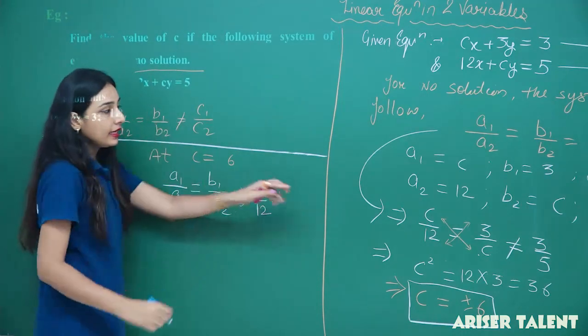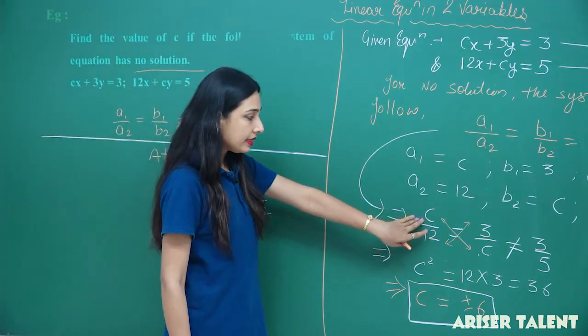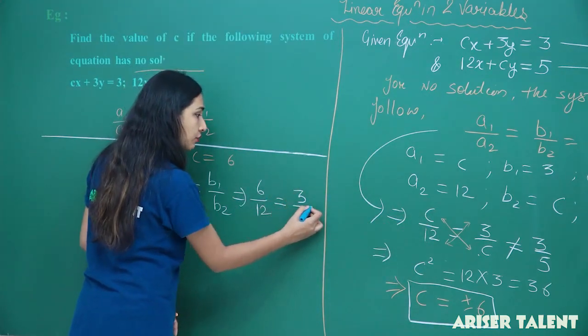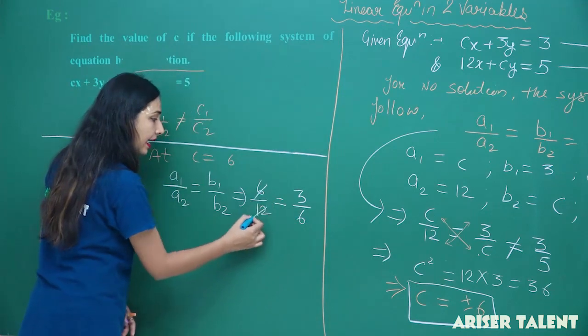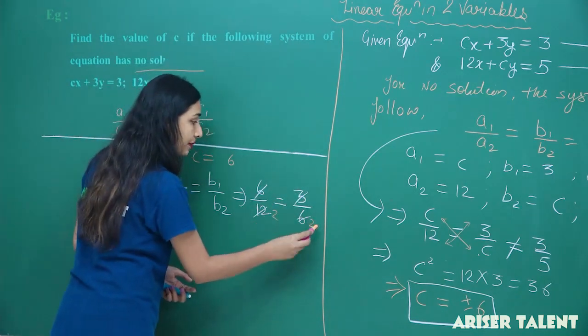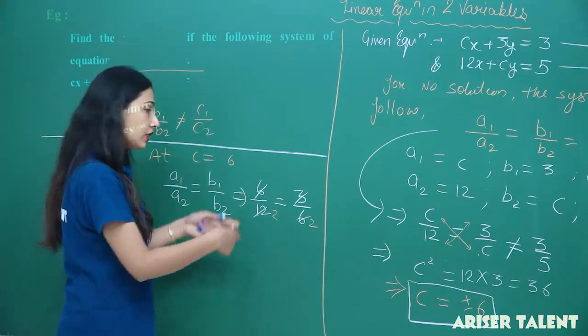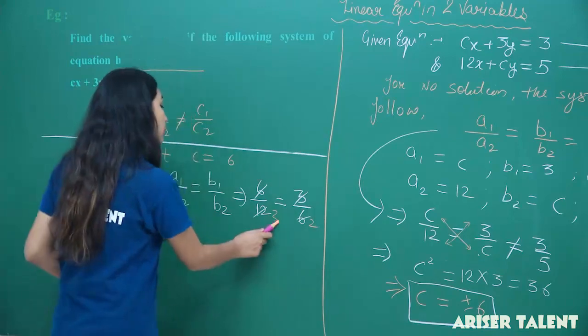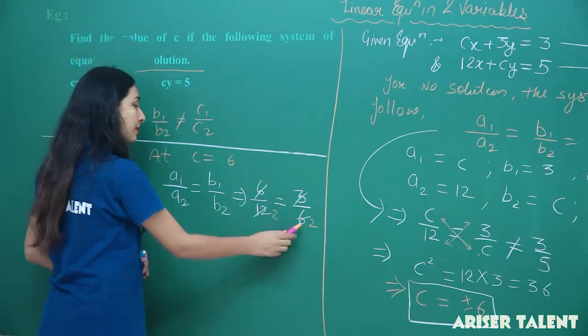I am replacing this C by 6. 6 by 12 should equal 3 by 6, and the good news is, it is 1 by 2 equals 1 by 2. Should I explain this? No. So, 1 by 2 equals 1 by 2.